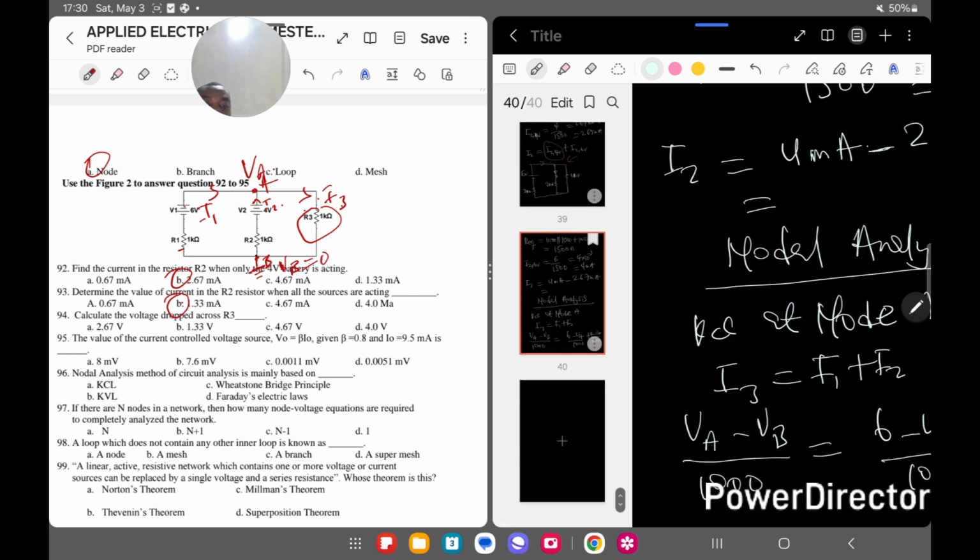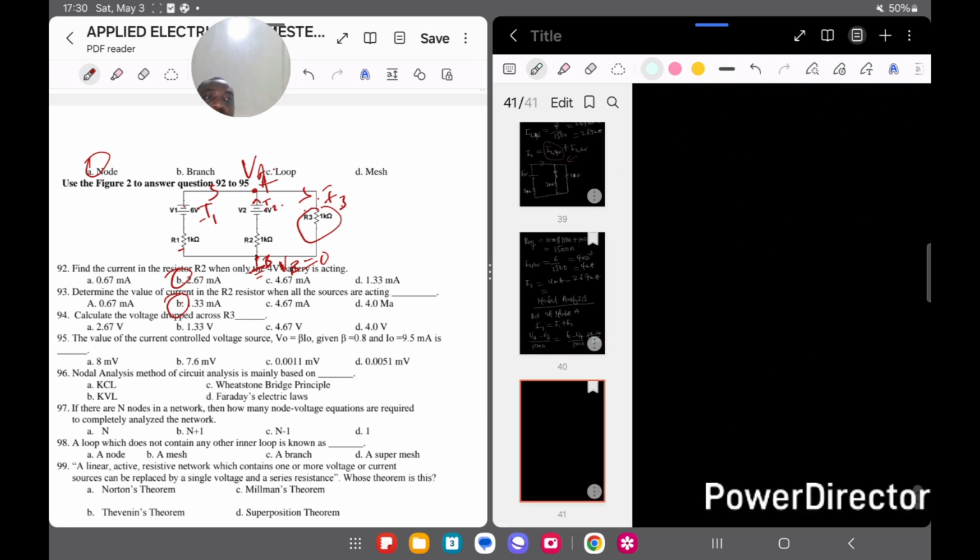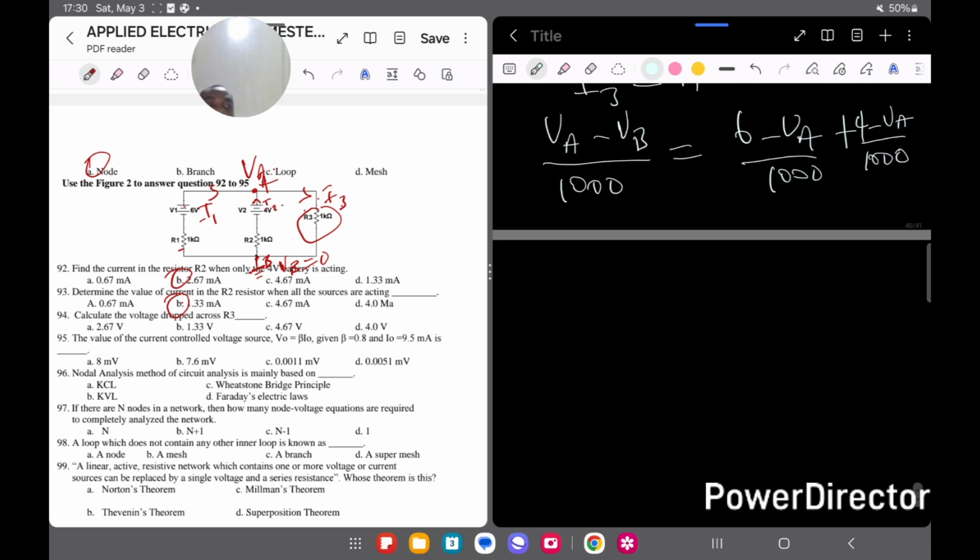So I'm solving this. You multiply both sides by 1000. VB is grounded, so that's 0. You multiply by 1000, so the 1000 will cancel. So I just have VA equals 6 minus VA plus 4 minus VA.